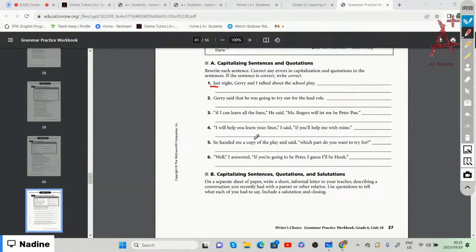And then we have, if I can learn all the lines. So if, over there, needs to be capitalized. If I can learn all the lines, he said, Mrs. Rogers will let me be Peter Pan. And as you can see, there it says Mrs. Rogers. That is basically also putting some form of respect on the name.